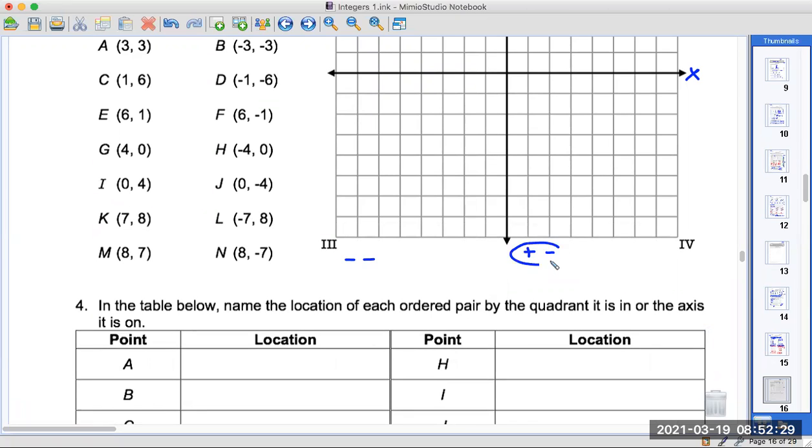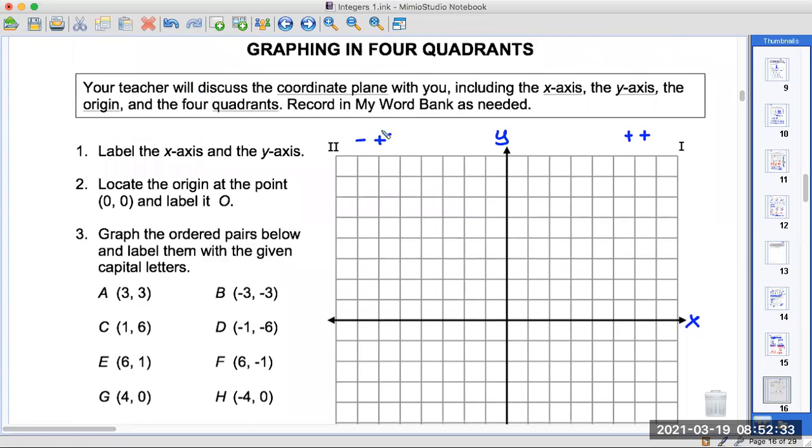So this is kind of an overview of where the numbers belong and how they're put together. Okay, so your teacher will discuss the coordinate plane with you, including the x-axis, which is always the horizontal, and the y-axis, which is always the vertical. The origin is always where they meet in the middle, and the 4 quadrants, 1, 2, 3, 4.